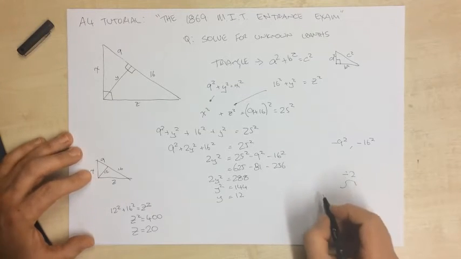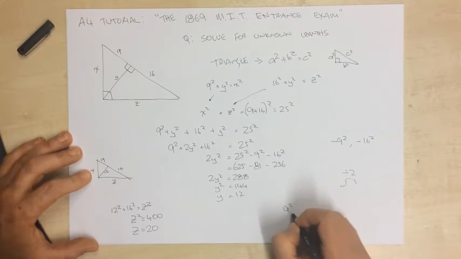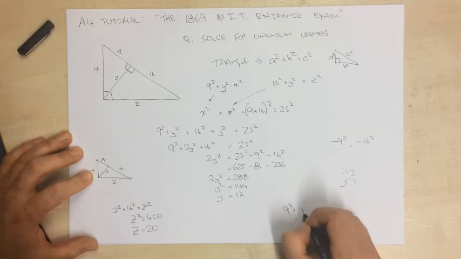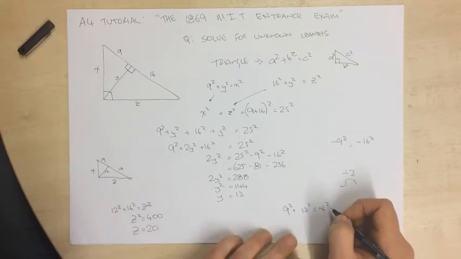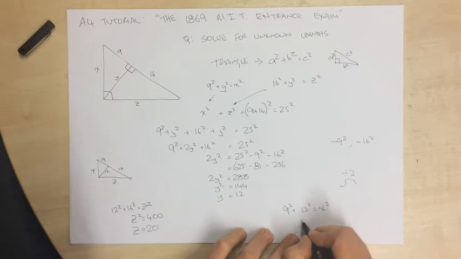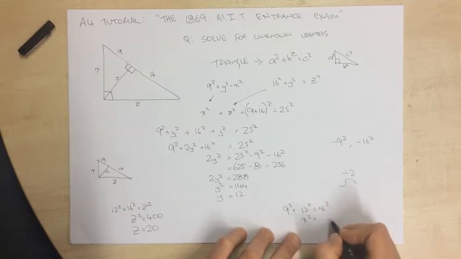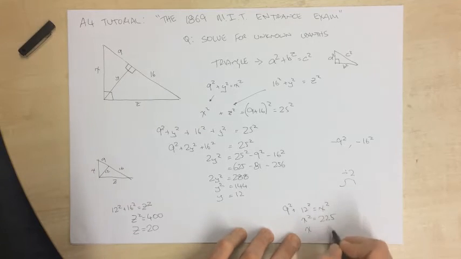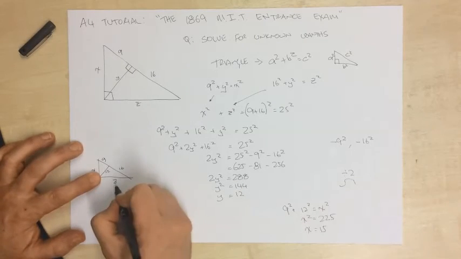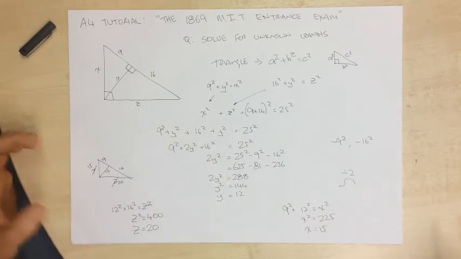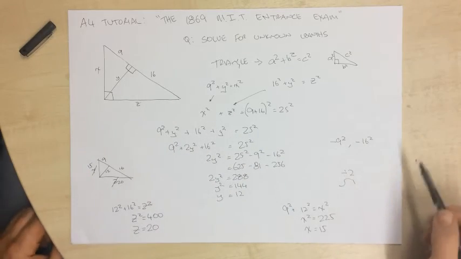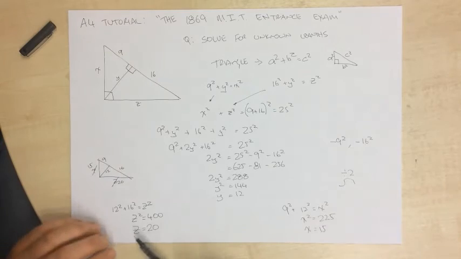Similarly, we know that 9 squared plus 12 squared equals x squared. So x squared equals 225. So therefore x equals 15. That's our solution. There's our unknown lengths.